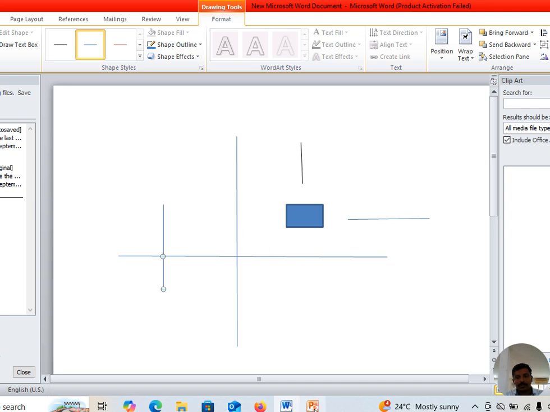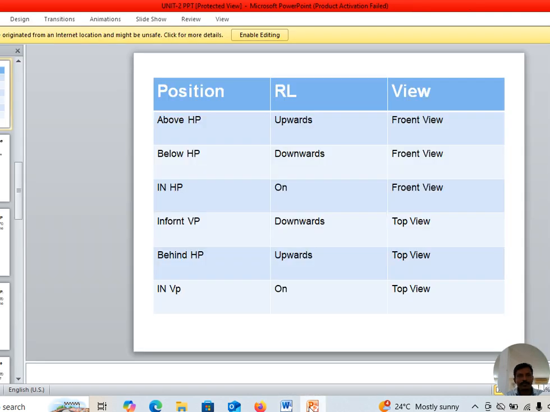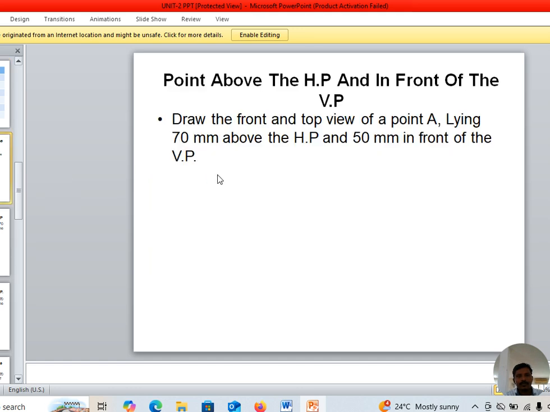For example, consider this problem: draw the front view and top view of a point A lying 70 mm above the HP and 50 mm in front of the VP.